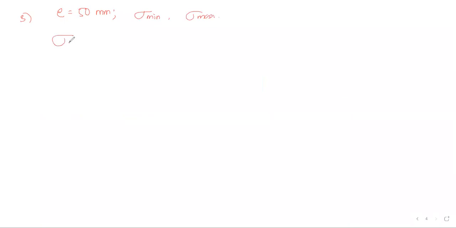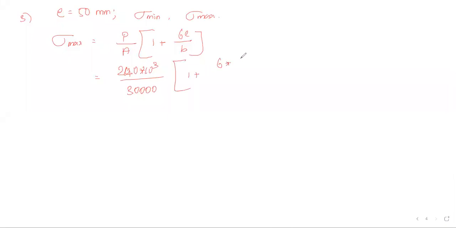Sigma max is equal to P by A into 1 plus 6E by B. Substituting these values, 240 into 10 cube divided by the area 30,000 into 1 plus 6 into 50 divided by 200. Substituting this value, we get sigma max as 20 Newton per mm square.